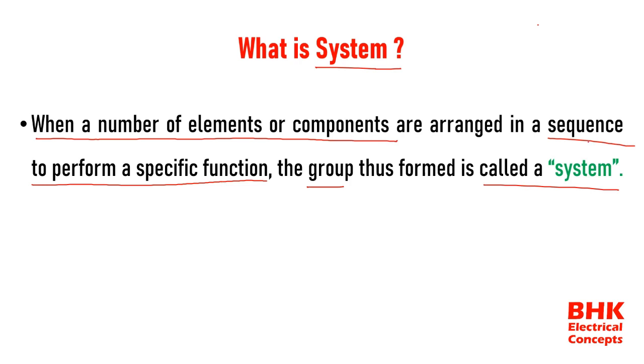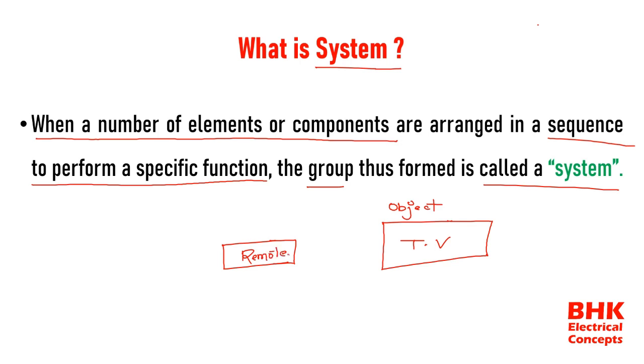For example, if I explain with one example, this is an object like a TV, and in order to control the operation of the TV we require a remote. This remote has a sensor, and it also has a motherboard, or we can call it a printed circuit board.